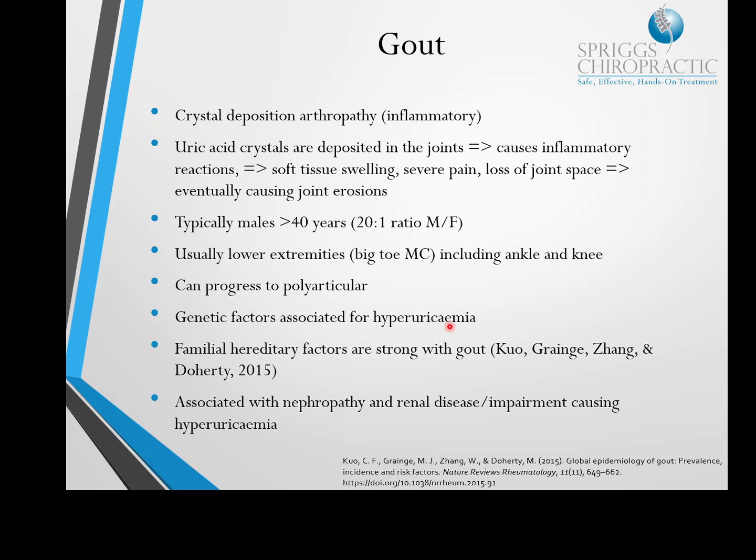Genetic factors associated with hyperuricemia, with a very strong familial history, are in play with gout, and it's associated with chronic nephropathy and renal disease, impairing the kidneys' ability to filter out uric acid, causing the hyperuricemia in the first place. This is all found in this paper down here, the Global Epidemiology of Gout: Prevalence, Incidence and Risk Factors. Have a download of that one if you want to have a good read through this in a bit more detail.